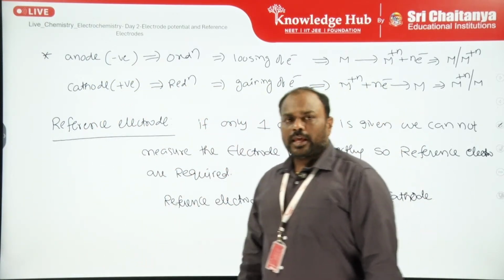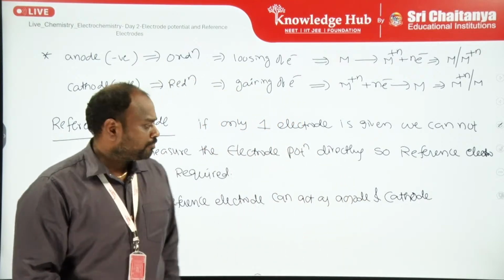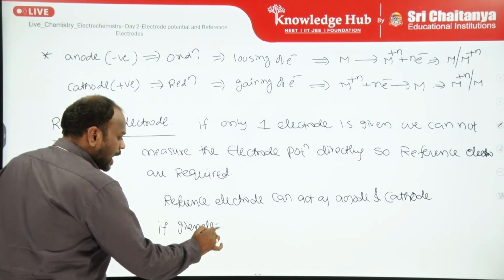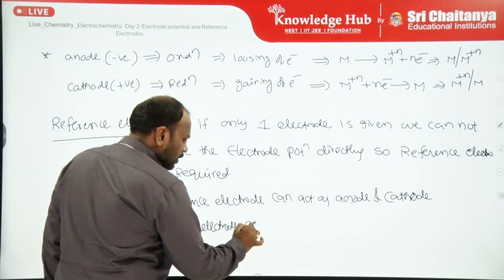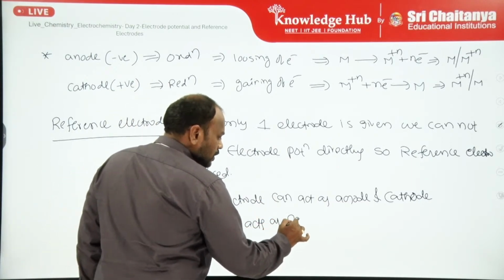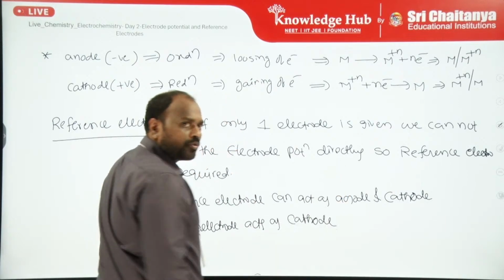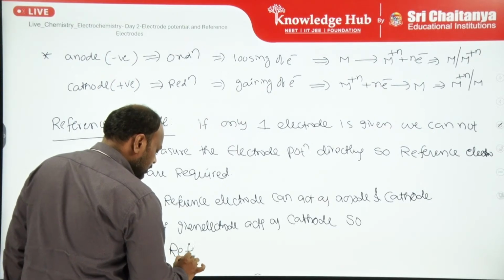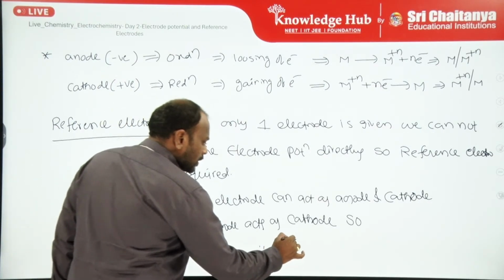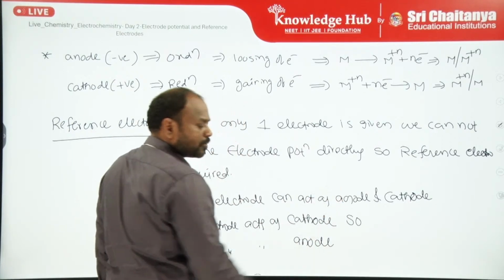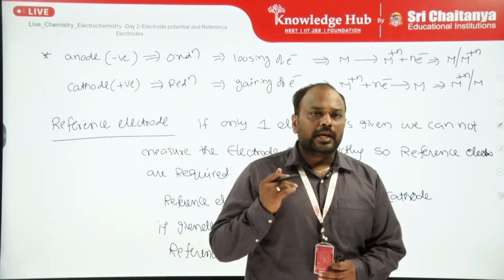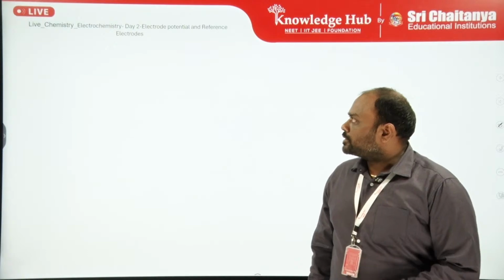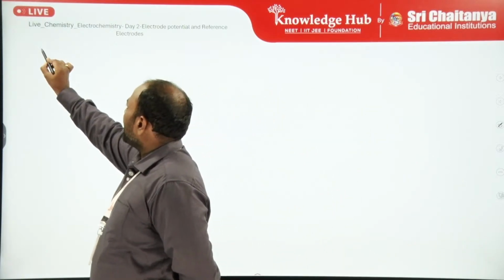Suppose if the given electrode acts as cathode, then we require which one? Anode. So the reference electrode acts as anode, and vice versa also. So based on the condition, it can act as the cathode, simultaneously it can act as anode. And for this, the best example is the standard hydrogen electrode.